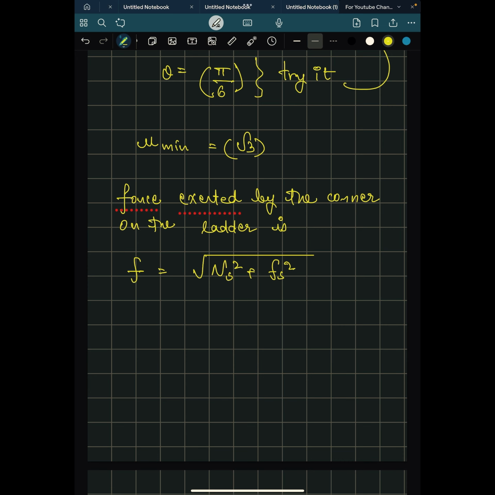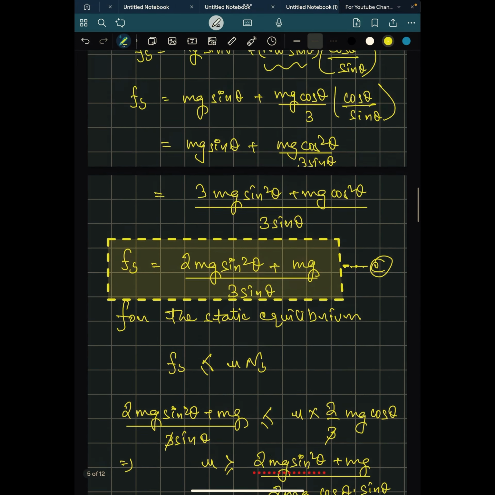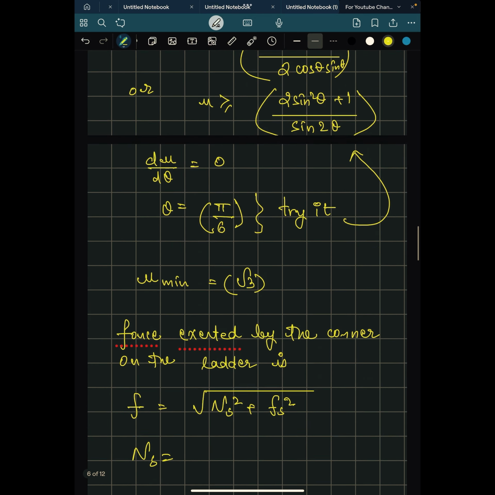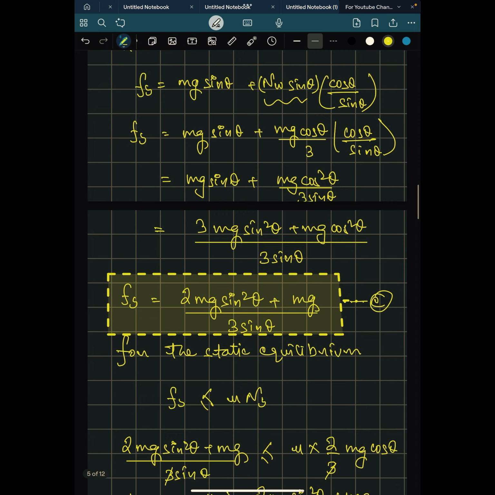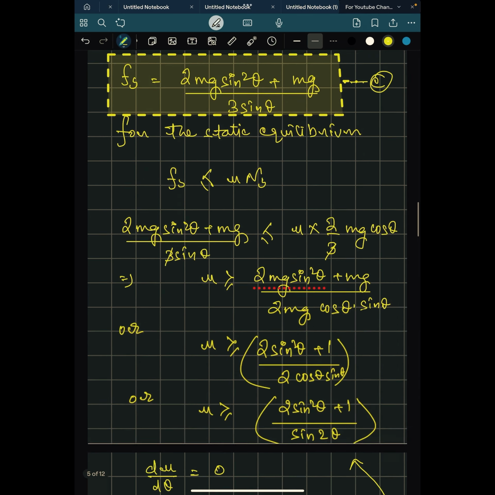Okay, and Ns is what we have figured out, Ns is 2 by 3 mg cos theta.